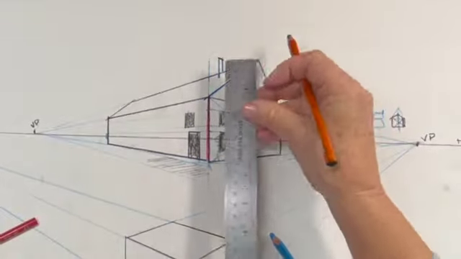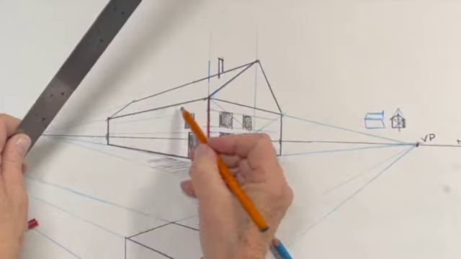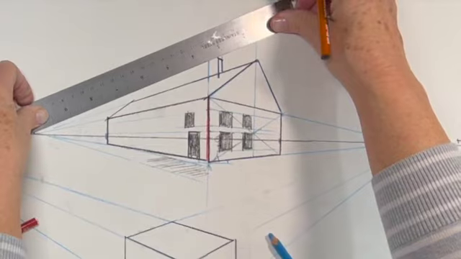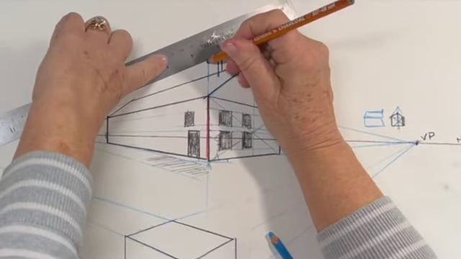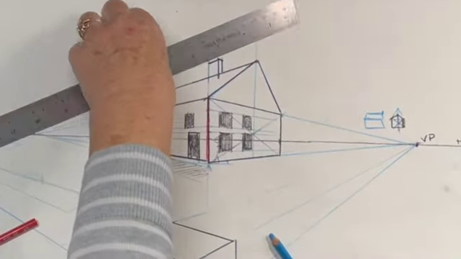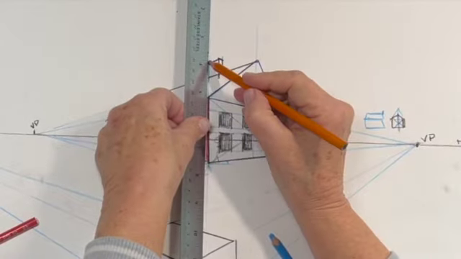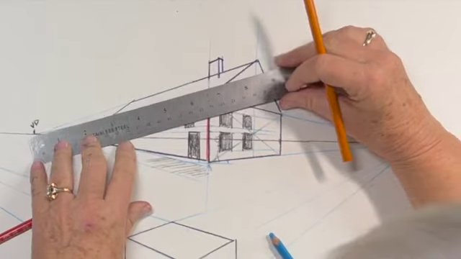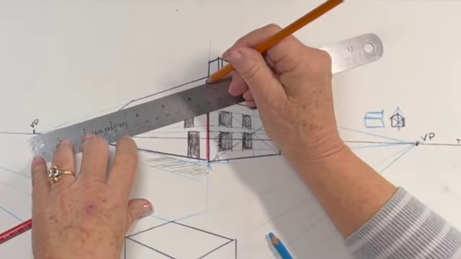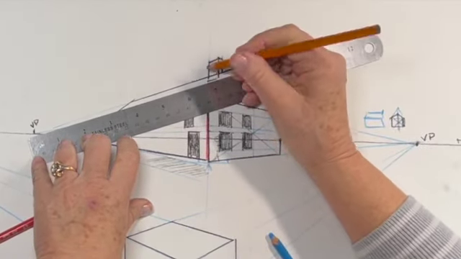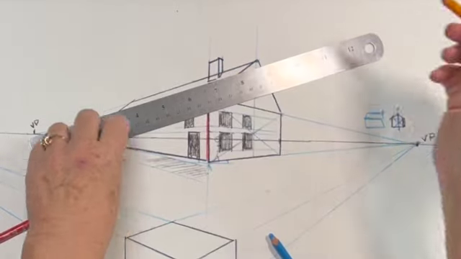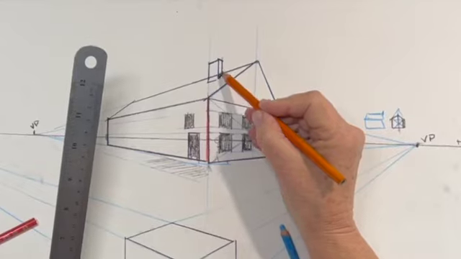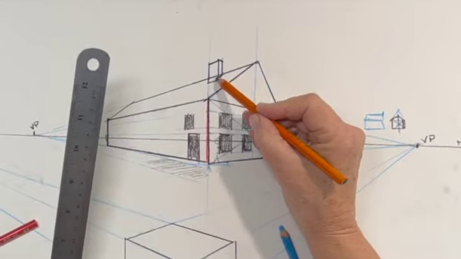And the front part of the chimney is parallel to these lines, so it has to go to the same vanishing point here. If you're doing a barn and there's a cupola on the top of the barn, this is the same way you would do that. Vertical must be vertical. I'm going to set this chimney down onto the roof. There. Okay. Actually, this would be, sorry, at the same angle as the roof, this line.